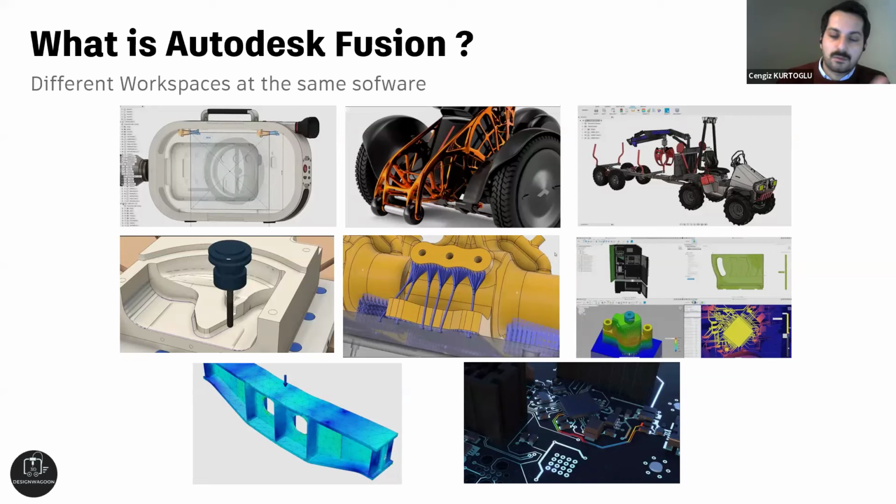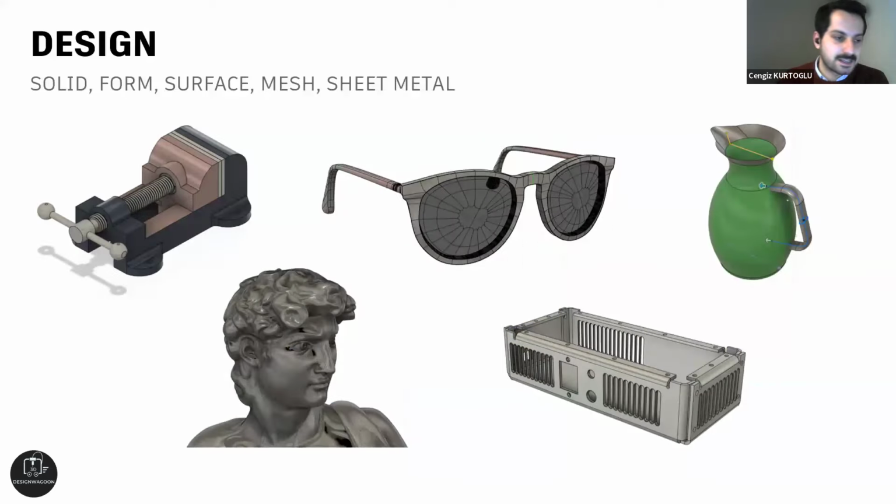Today, we'll discuss the manufacturer workspace, but there are lots of others, for example, product design extension, generative design extension with simulation, signal integrity for electric parts and thermal simulations, manage, etc.